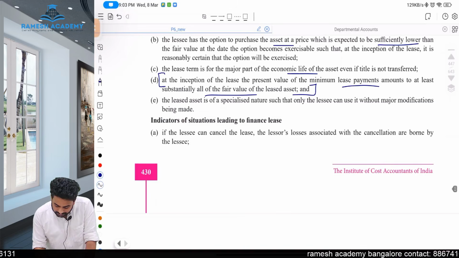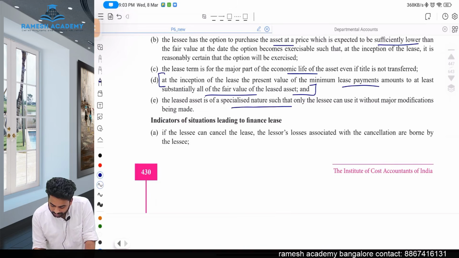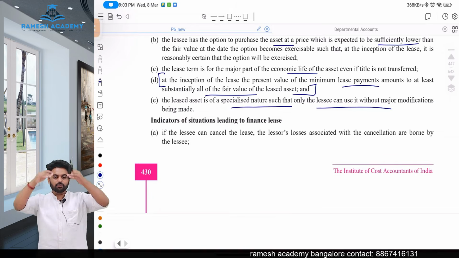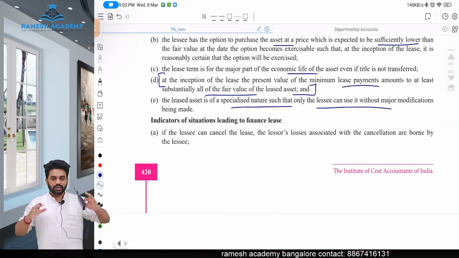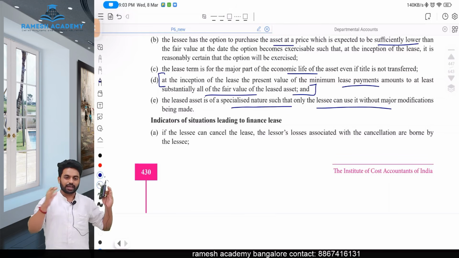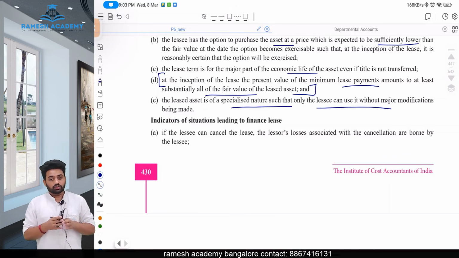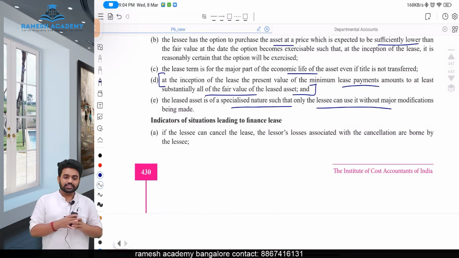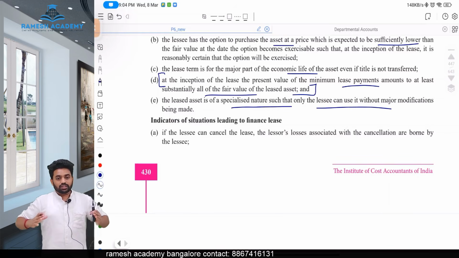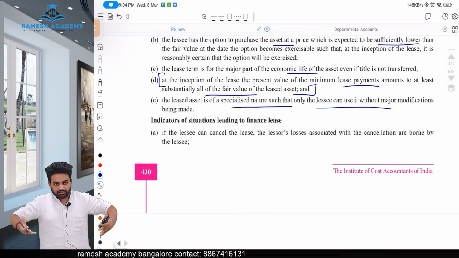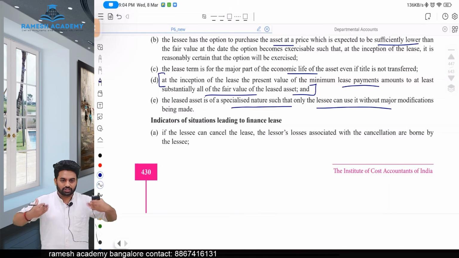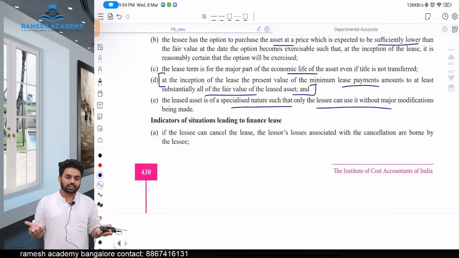The leased asset is of a specialized nature such that only the lessee can use it. For example, you might have seen an RCB bus where Virat's photo is there, Duplessis' photo is there, Max's photo is there. So they painted it like an RCB, the seats are like an RCB. Now if the bus company wants to give it to someone, no one will be ready to purchase directly.